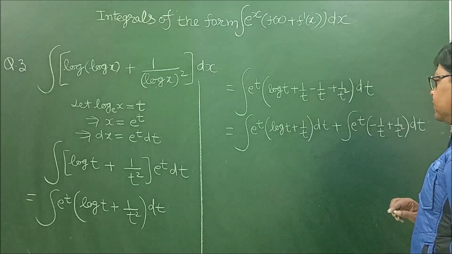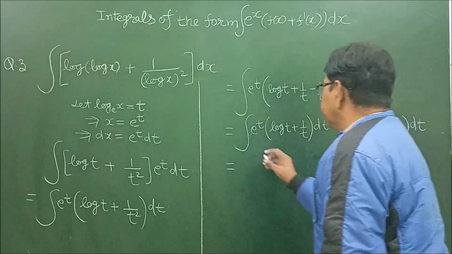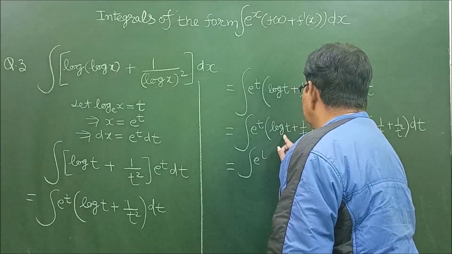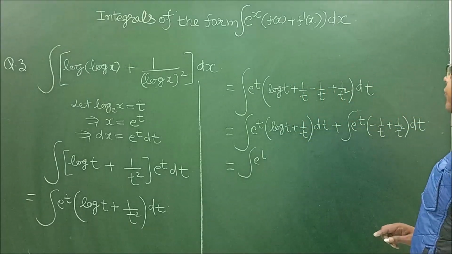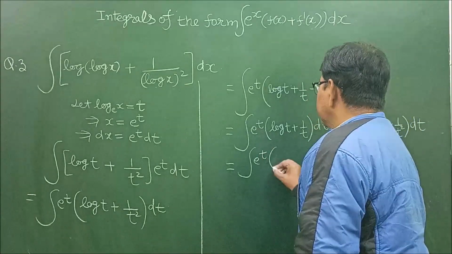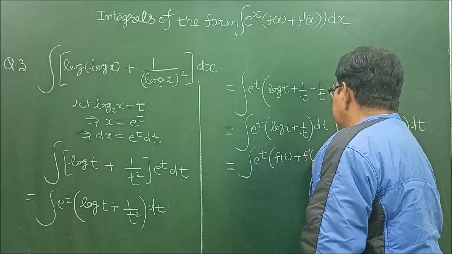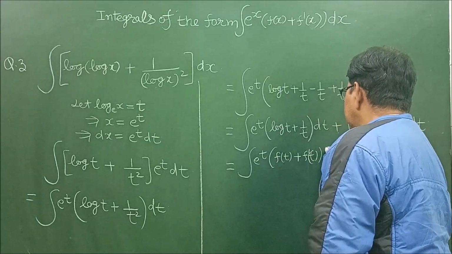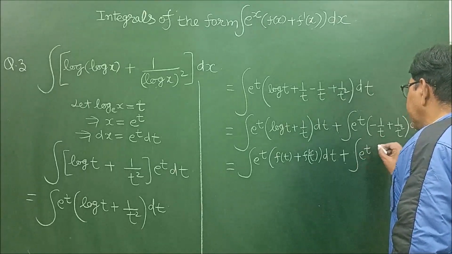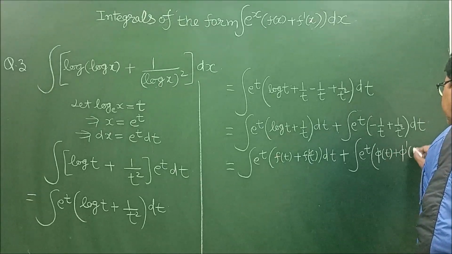So let us write this integral as integral of e raised to the power t, let this is equal to some function of t, e raised to the power t, some function that is f t plus its derivative dt, and this as here is e raised to the power t again some function phi t and its derivative phi dash t.